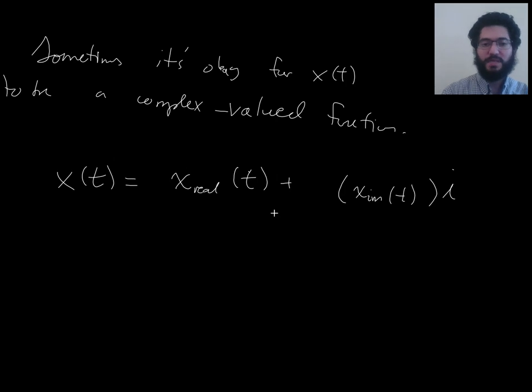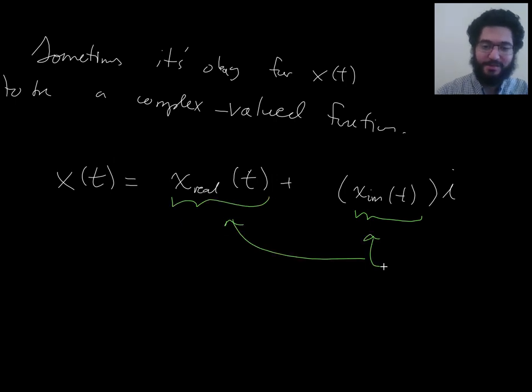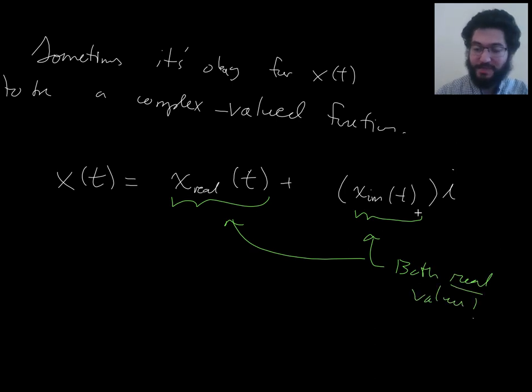So this is a little bit confusing. Again, x sub real is a real valued function. x sub imaginary is still a real valued function. So these are both real valued. Just because it's called x sub imaginary doesn't mean it's not real valued. It's called x sub imaginary because it's the imaginary part of x of t.